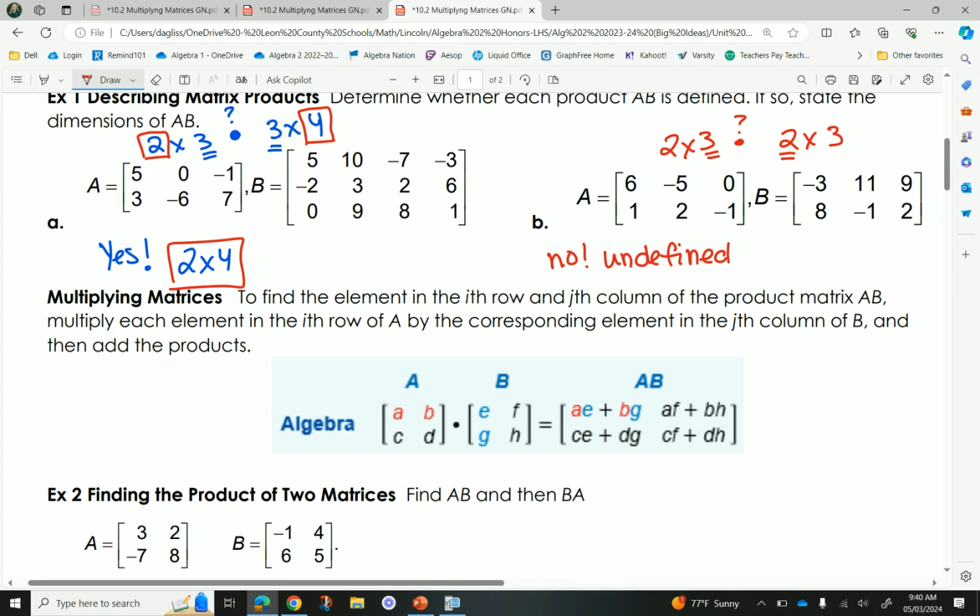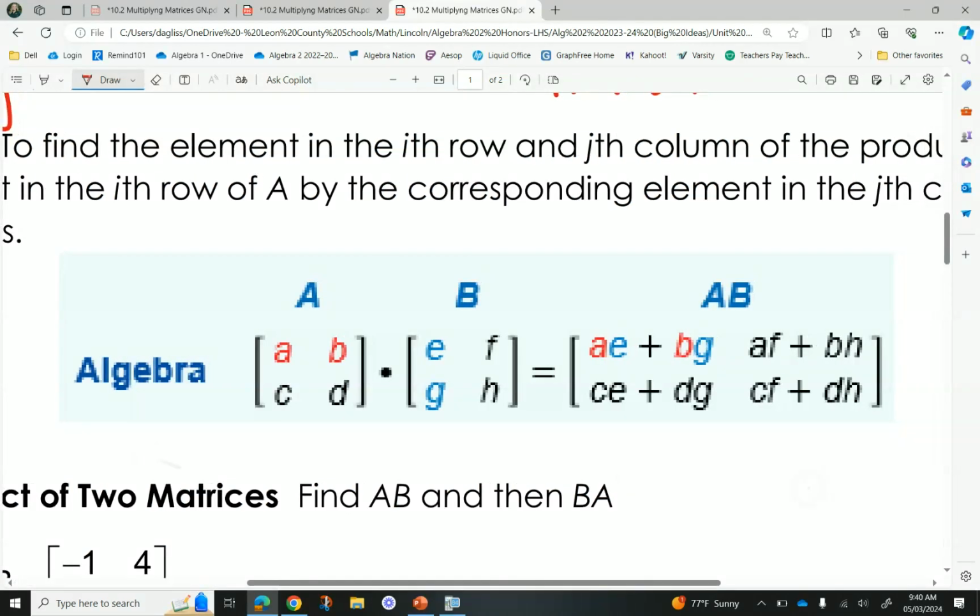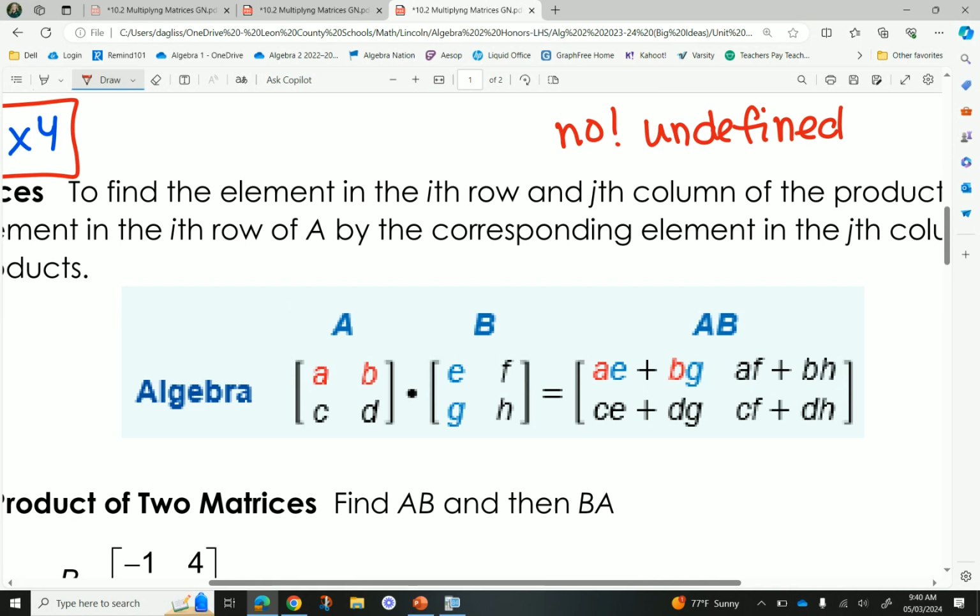Again, I like the picture. I think the picture is more clear to me than i and j and all that stuff. The reason they have to match: you take the first row, multiply it with each corresponding piece in the column, and then add the pieces together. So you multiply, add, multiply, add, multiply. As you work across, you multiply as you work down. That's why they have to have the same amount.